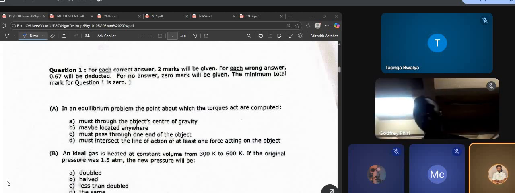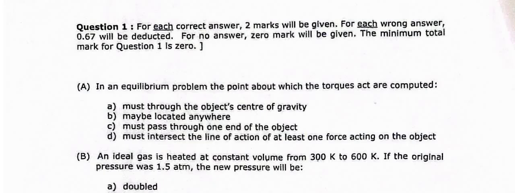Then C, must pass through one end of the object, is also out because it can be anywhere. So the correct answer here is B, because it caters for everything. That is our best choice, so for question 1 the answer is B.